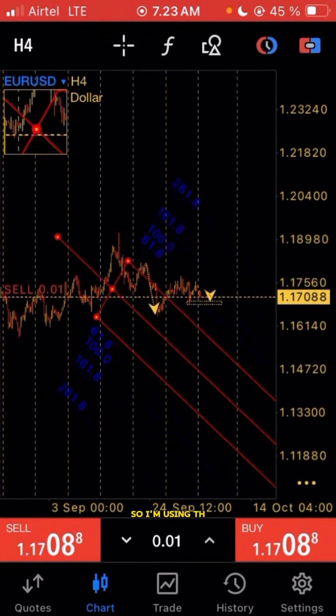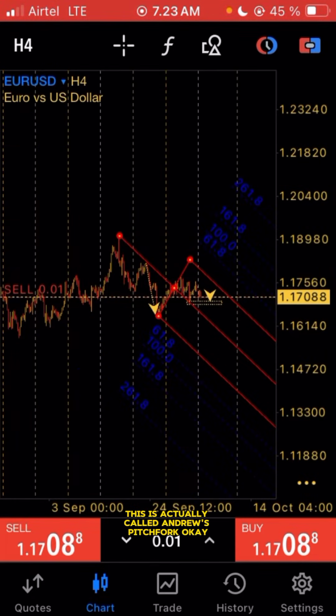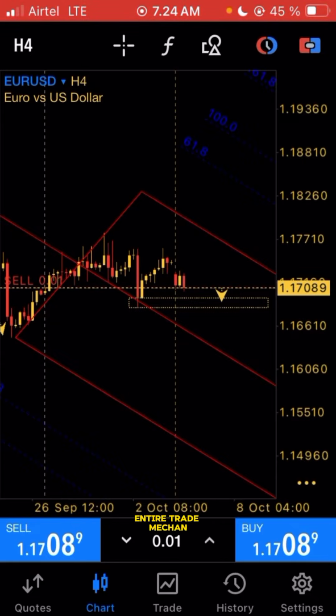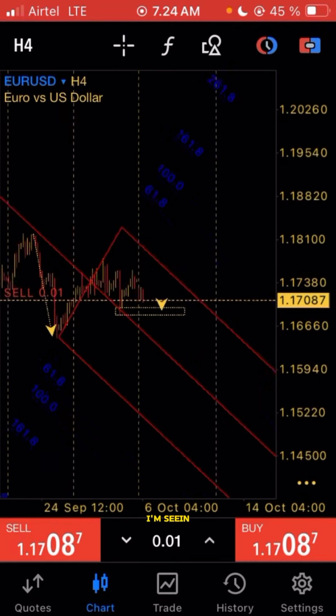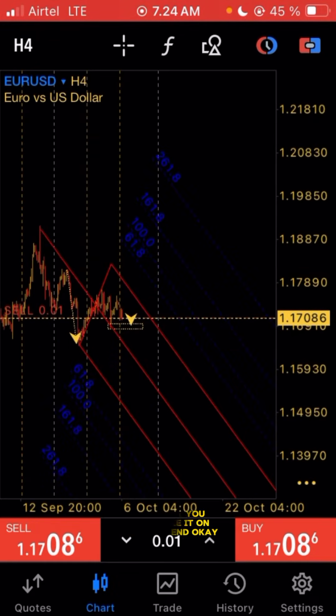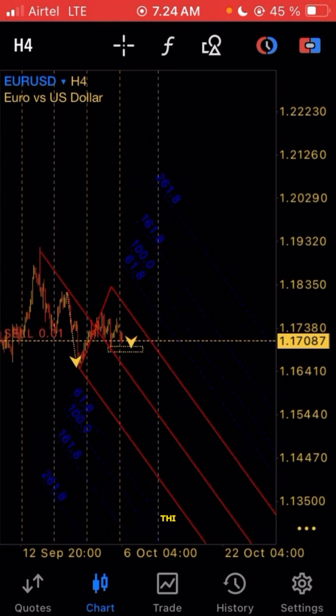So I'm using this particular tool right here. This is actually called Andrews Pitchfork. Okay, so I'm actually using this tool to show you guys the entire trade mechanism, right? I'm seeing it for myself, but I want you guys to see it on your own end. Okay, so for beginners, looking at this is showing you a structure that the market is going to follow.